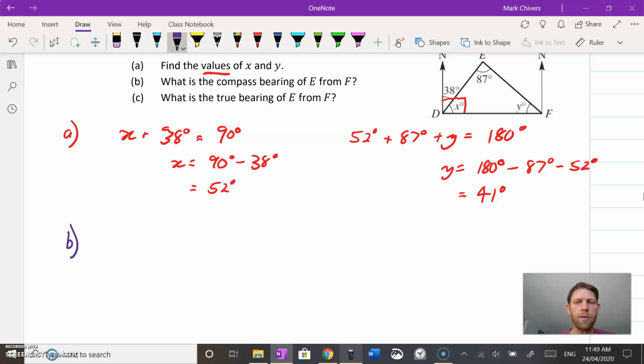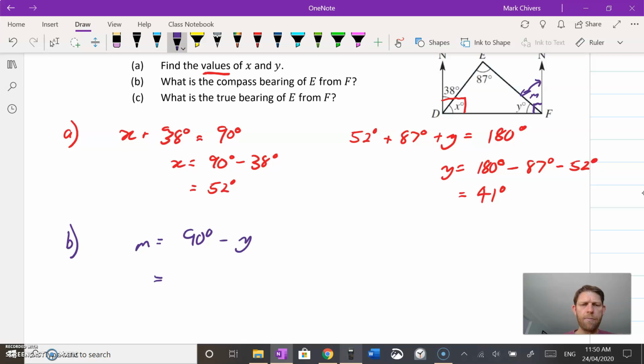So what we're interested in with a compass bearing is that we start either north or south and head in the direction of east or west. So when we're talking about this bearing here, we're closest to north. We're interested in this angle in here, heading from north in the direction of west. If I call that little angle there M, M is just going to equal 90 degrees minus Y, because those two will add up to 90 degrees, because if F is east of D, then D is west of F. So this angle in here will also be 90 degrees.